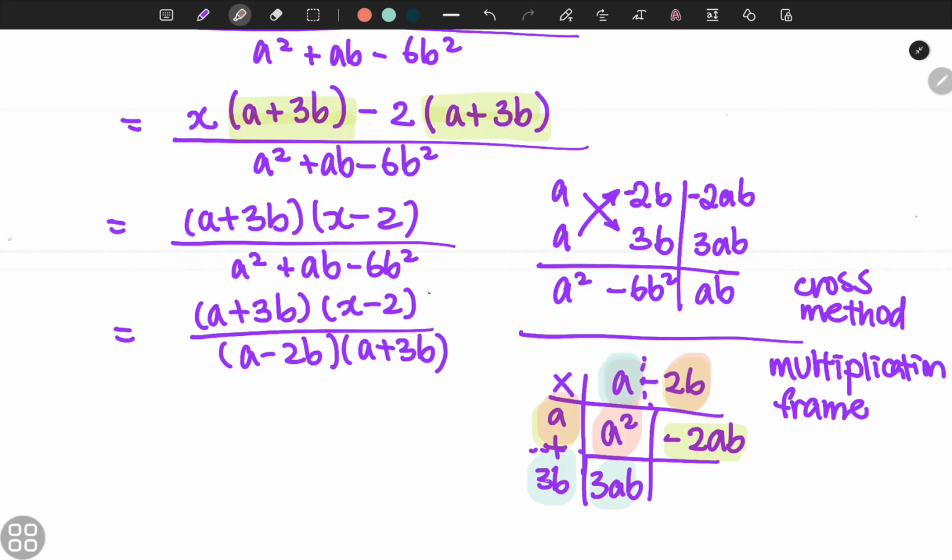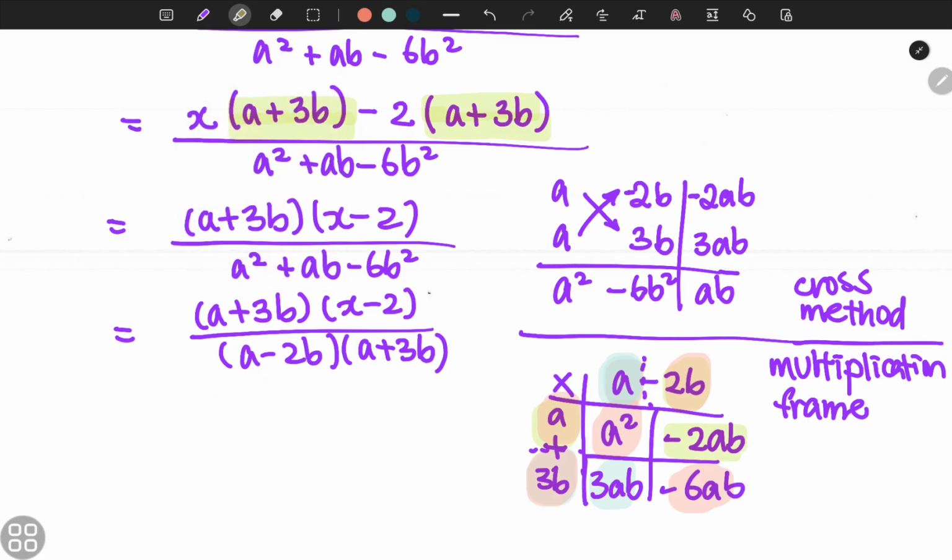If I have this, multiply this, that will give me this over here. So that would be negative 6ab. So technically, the one on top, cross method, and the one below, multiplication frame, are the same thing. You just got to decide which one you prefer.